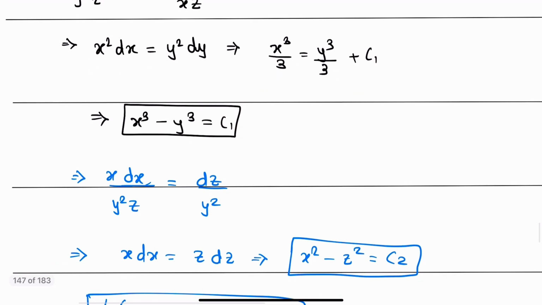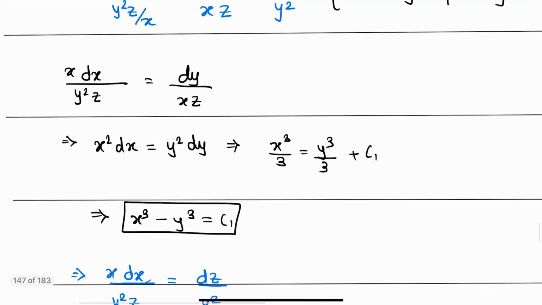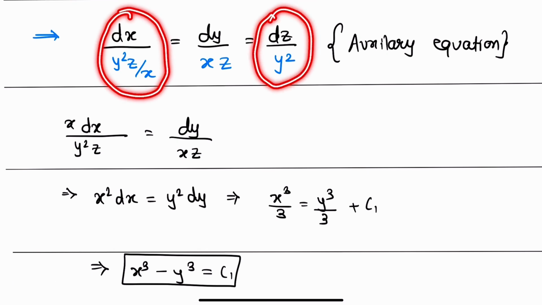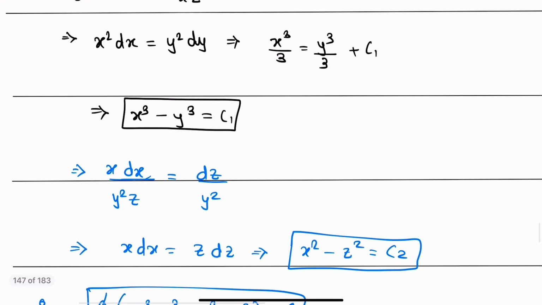Not a big change. Then, if we take ratio first and third, here y² will get cancelled out, and we are left with x dx equals z dz.